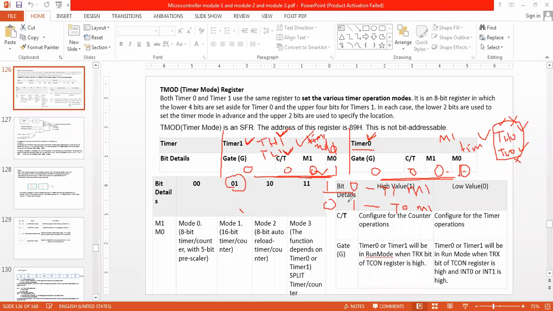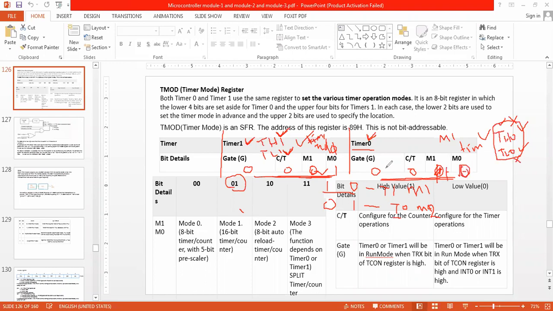Okay. If I want to work upon timer 0, mode 2, what will be the value I should load into the TMOD? It is going to be 0 and 2.